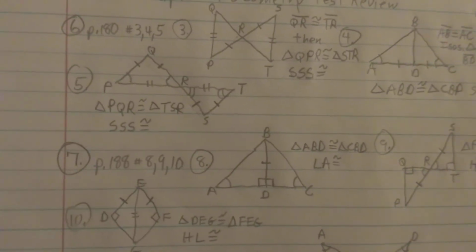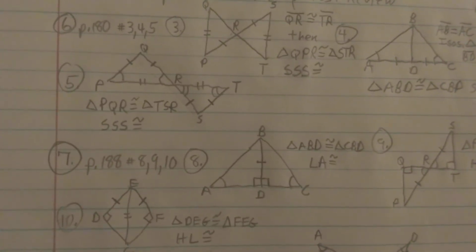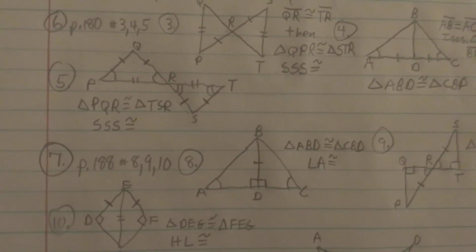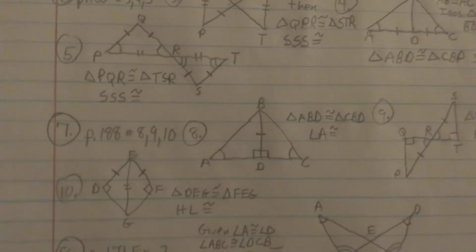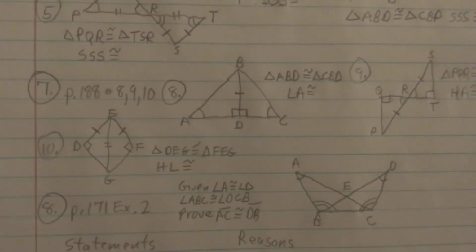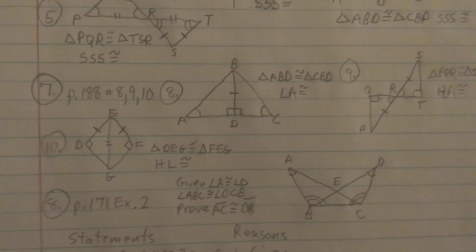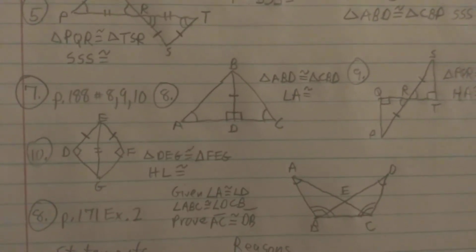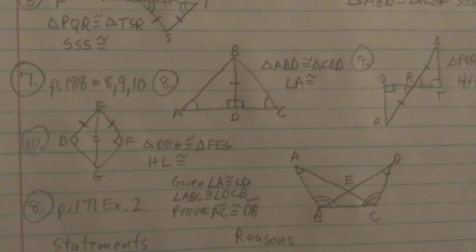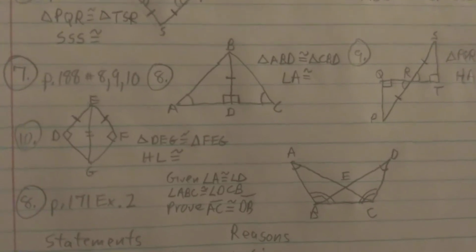So all three sides are congruent, therefore we can say triangle PQR is congruent to triangle TSR by side, side, side.